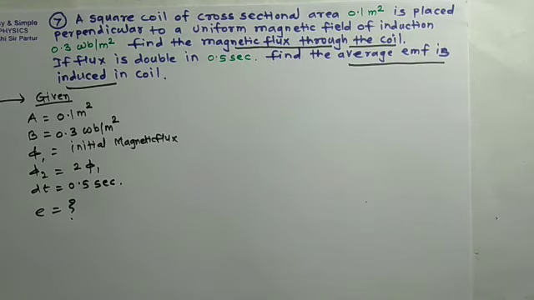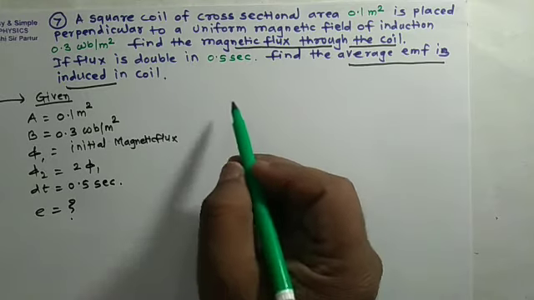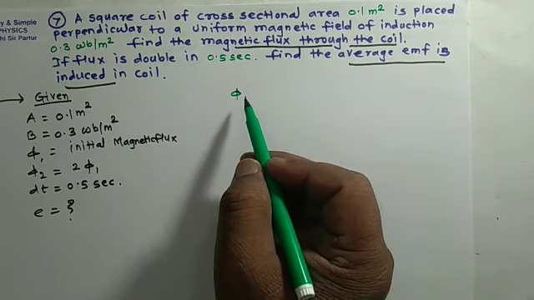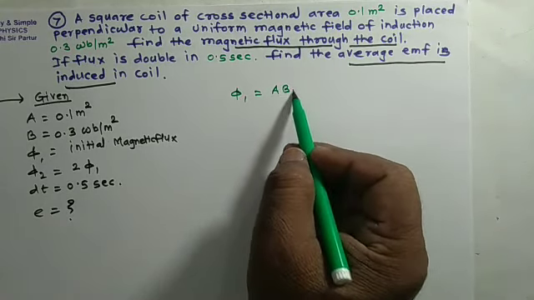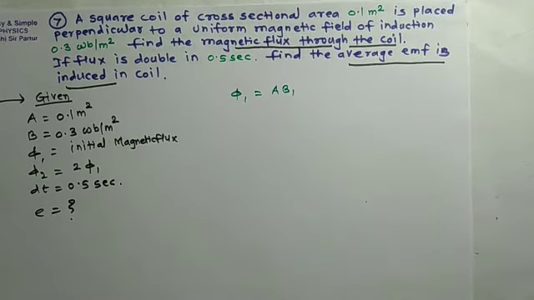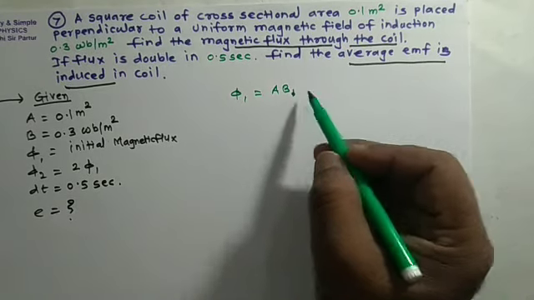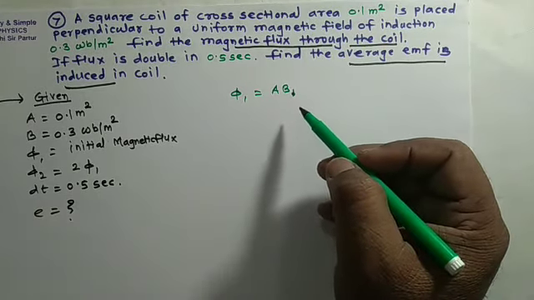So here, first of all, we know the initial magnetic flux Phi1 is equal to AB, that is the magnitude of area into magnetic field induction.